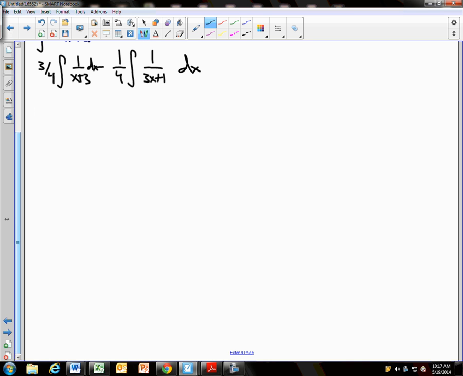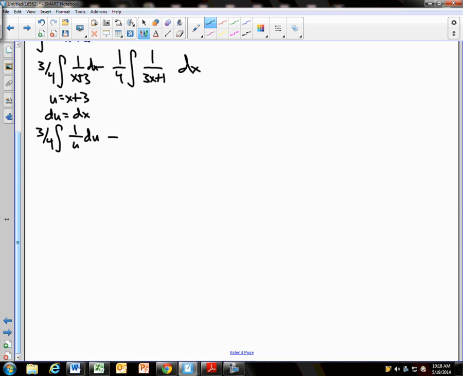In the first scenario, what does u equal? What is du? Just dx. So you can make a straight up substitution. So we have 3/4 times the integral of 1 over u du.